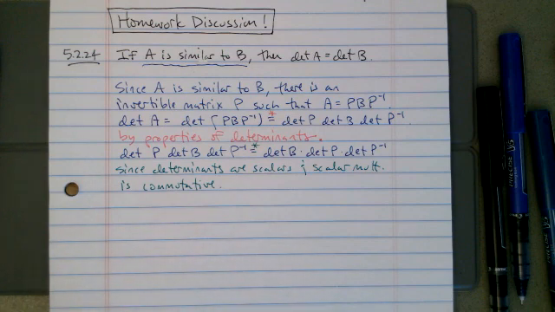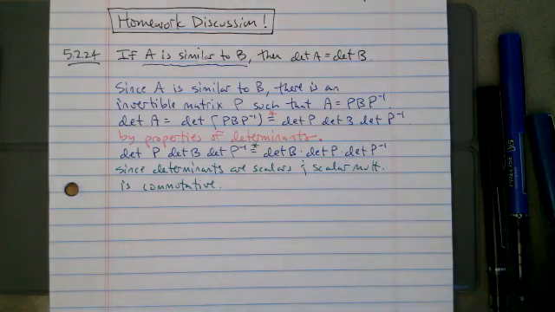Then once again, by properties of determinants, the determinant of P times the determinant of P inverse is equal to the determinant of P times P inverse.